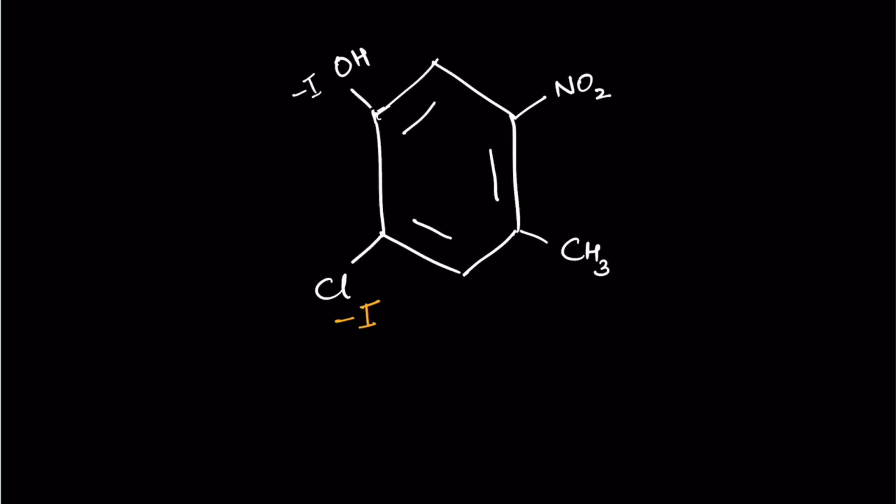The NO2 will also show -I effect because it is more electronegative than the carbon atom. The methyl group over here, CH3, will show a +I effect because it will push electrons towards the carbon atom.